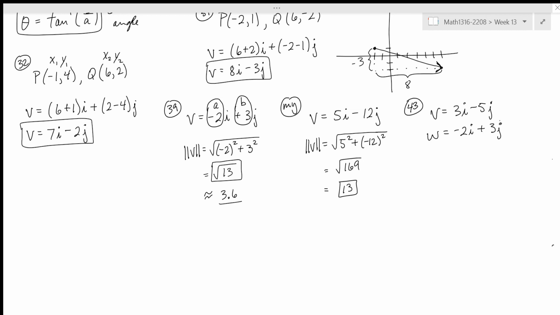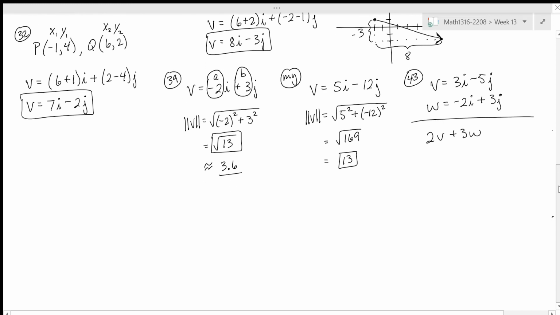Those vectors are given to us. What they want us to find is 2v plus 3w. So do y'all understand the two vectors are given, and then they want me to do a calculation with those vectors?